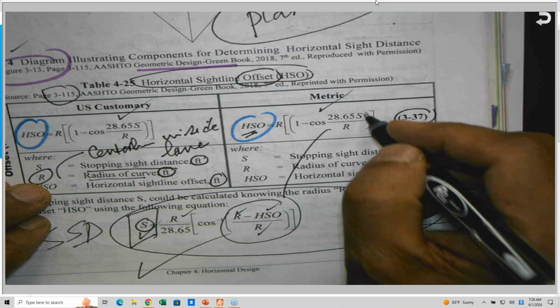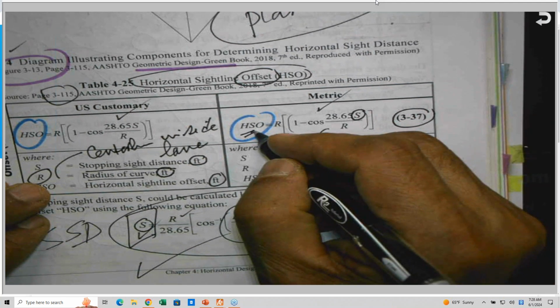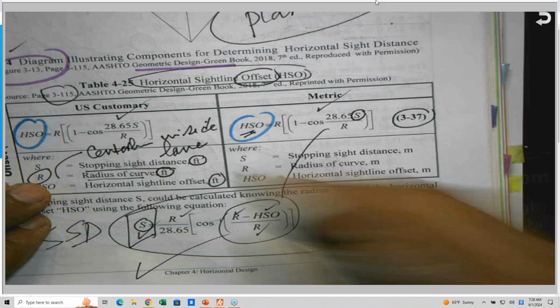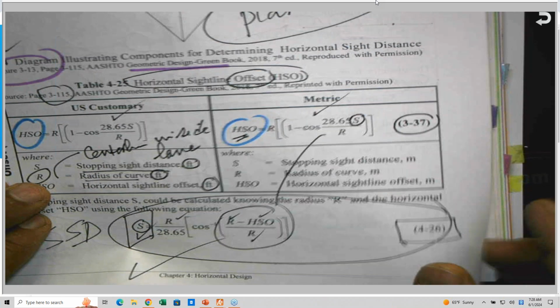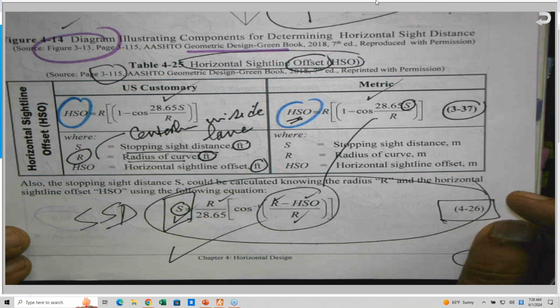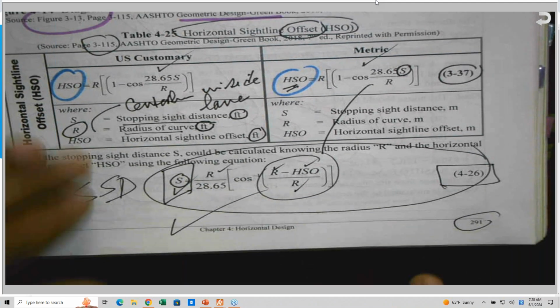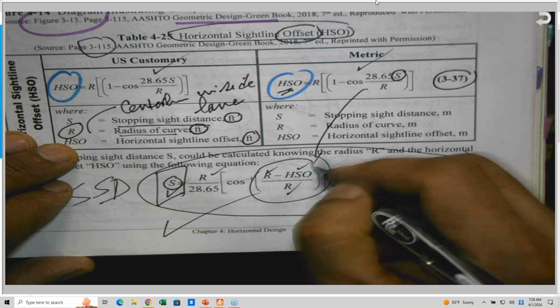So in reverse, instead of giving you the information to get the stopping sight distance and calculate the horizontal sight offset, they tell you that the horizontal sight offset is so and so, and ask what the minimum stopping sight distance required is per the given information. I provided you with the equation, but since you cannot take the book with you, I try to make sure you know how to get this from there.